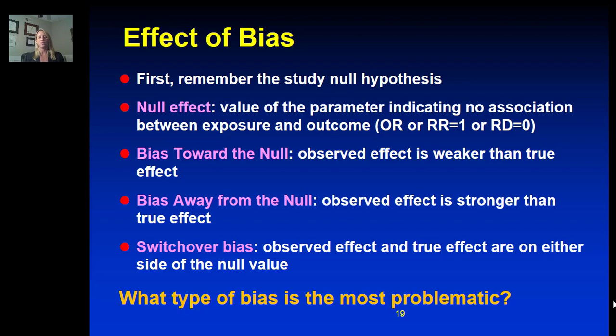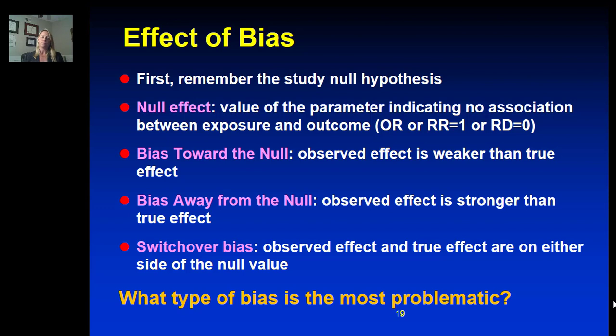I gave an example of this in a prior slide where, with the biased measurement or biased sampling, the measure of association was smaller, closer to 1 after that bias. And so that's called bias toward the null.